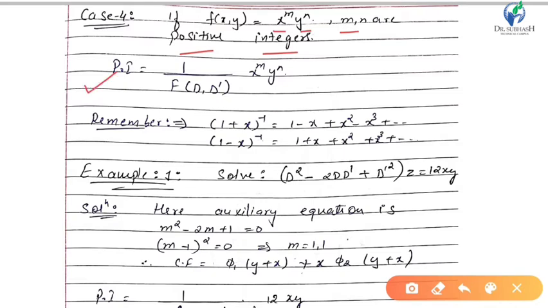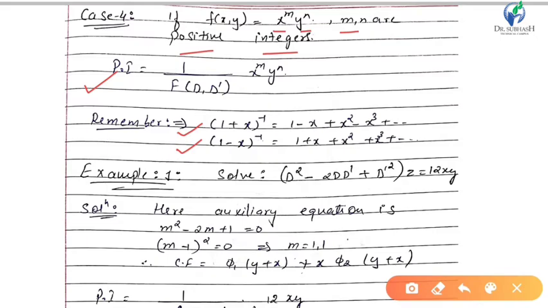We will use this general formula for PI, and we need to remember these binomial formulas. (1 plus x) inverse will be 1 minus x plus x square minus x cube plus so on, and (1 minus x) inverse will be equal to 1 plus x plus x square plus x cube plus so on. Now let us understand this case by solving some examples.